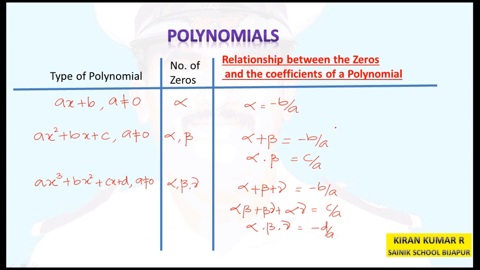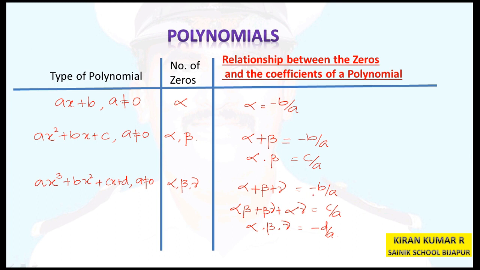How do you remember for the examination? Always it starts with a negative. Look at the linear polynomial, we have minus b by a. Look at the sum and the product of the quadratic polynomial. The first is minus b by a. The next is c by a, it's positive. So first is negative, then positive. Look at the cubic polynomial.